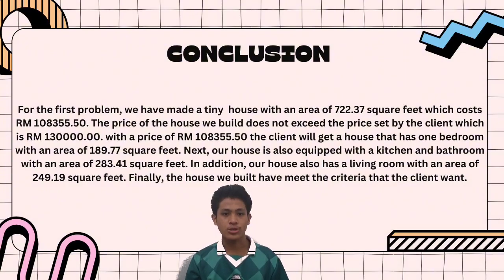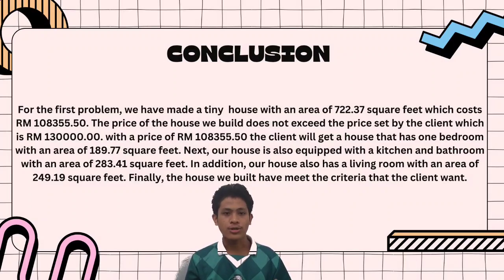The price of the house we built does not exceed the price set by the client, which is RM 130,000. With a price of RM 108,355.50, the client will get a house that has 1 bedroom with an area of 189.77 square feet.